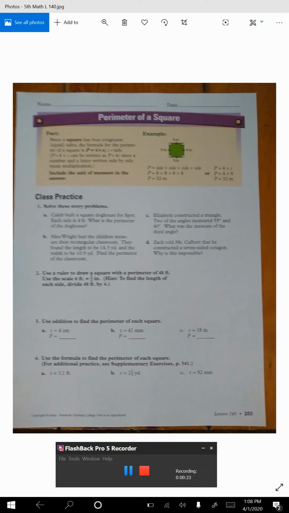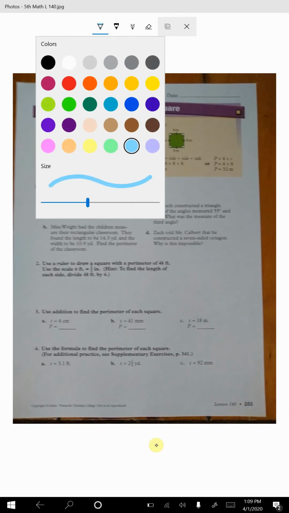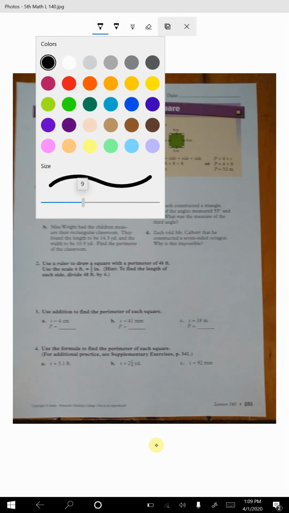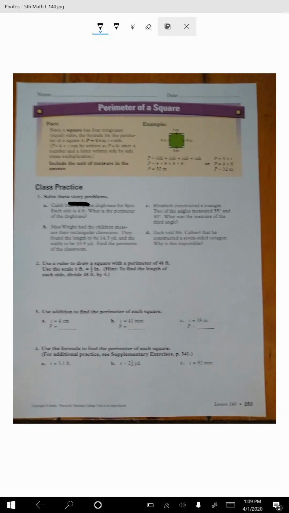We talked about perimeter yesterday, and remember, perimeter is the distance around something. Let me get my pen going. As I speak today, my husband is outside changing the perimeter of my chicken pen.